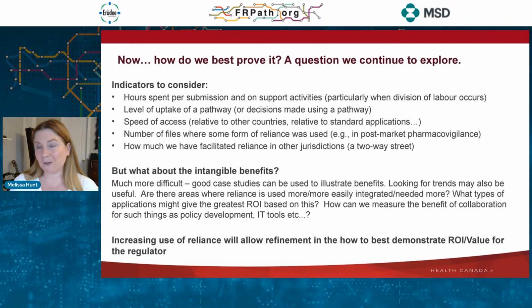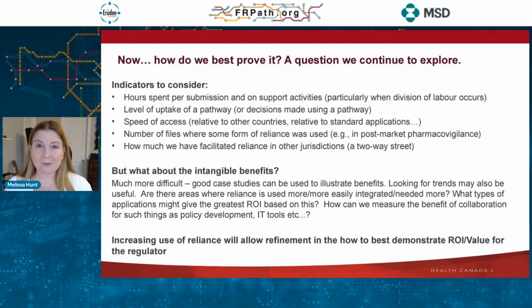So we know there's a value proposition, we know there are benefits, but now how do we prove that? And that, like I mentioned, is a question that we continue to explore. What are the most useful metrics to demonstrate value for us, externally, for industry? So we think about all of these things. Some of the indicators we've been considering are the hours spent per submission.